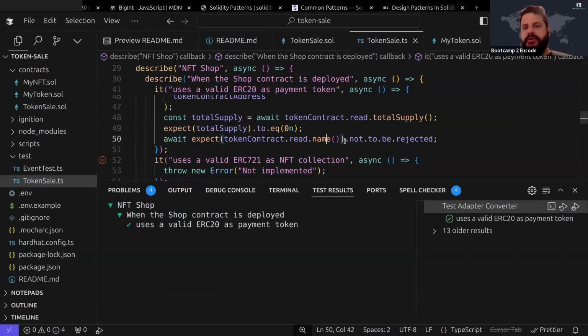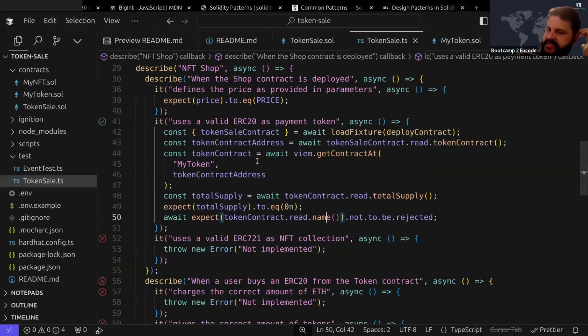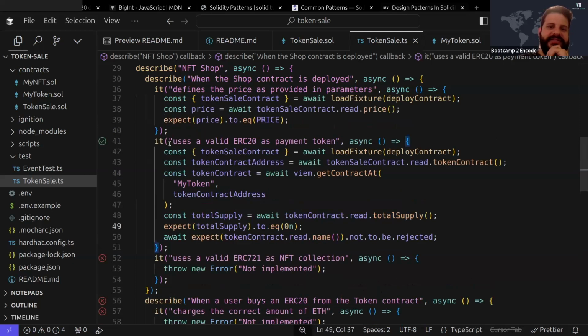I expect this call not to be rejected. I expect this other call not to be rejected. I expect those signatures should be there, you know? So I don't care about the total supply itself. I could have done that actually. It would be much easier. But this concludes the check.